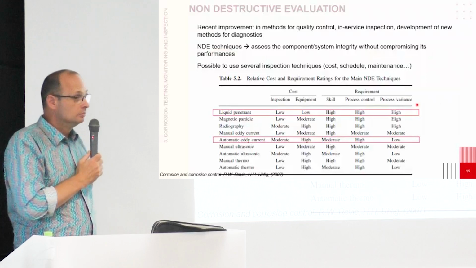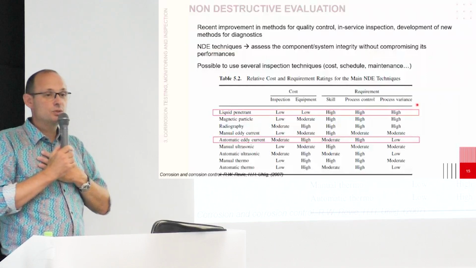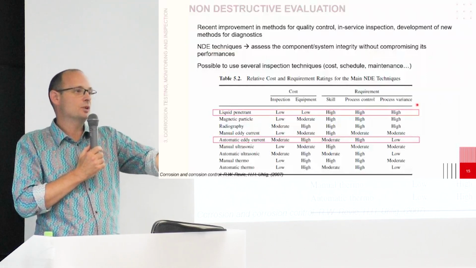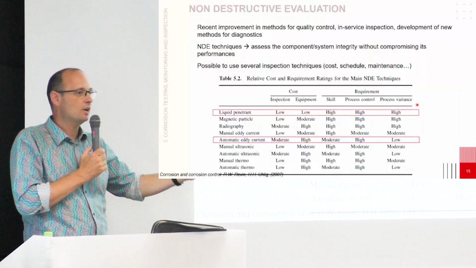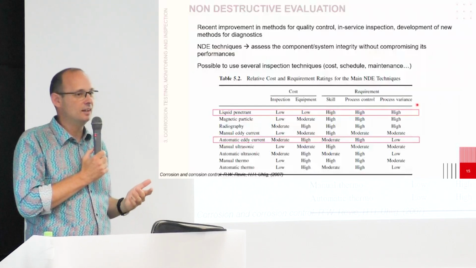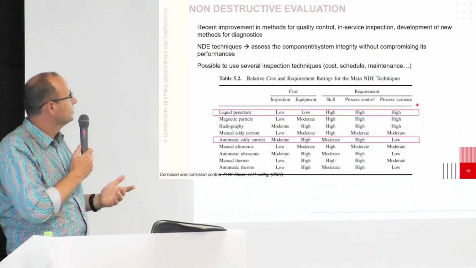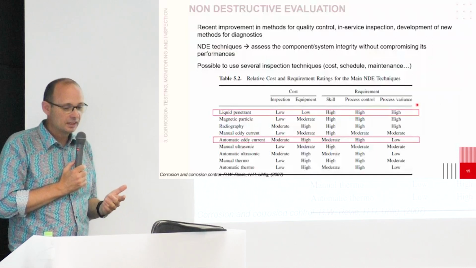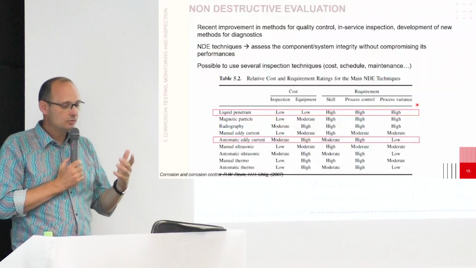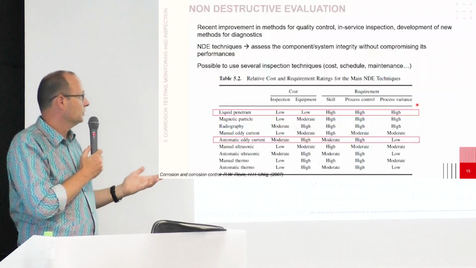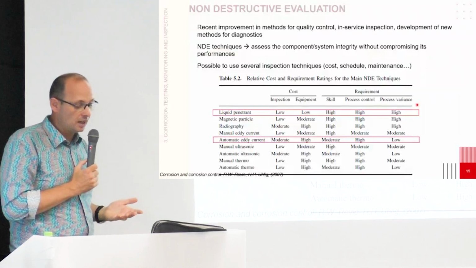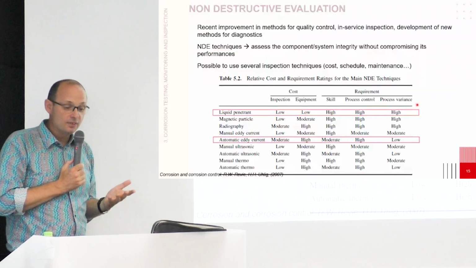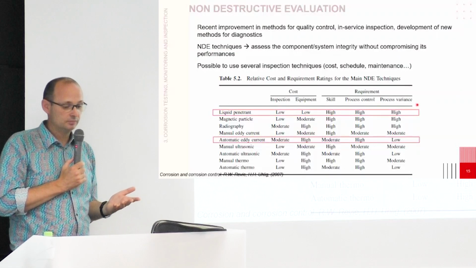So what is good is that corrosionists are looking for techniques from other fields, and the other researchers are always improving their methods. So that's very good, because the recent improvement of the techniques leads to a more accurate evaluation of the corrosion.